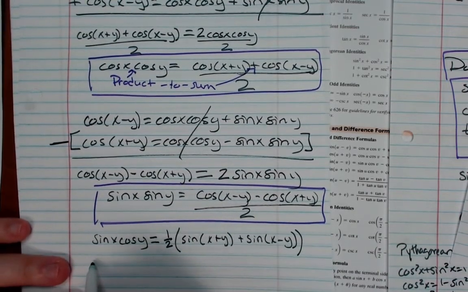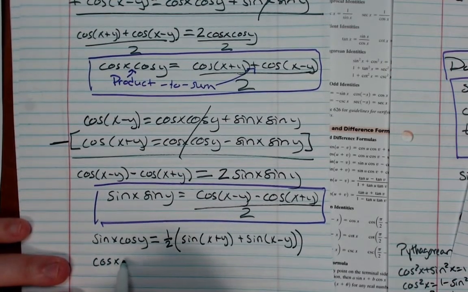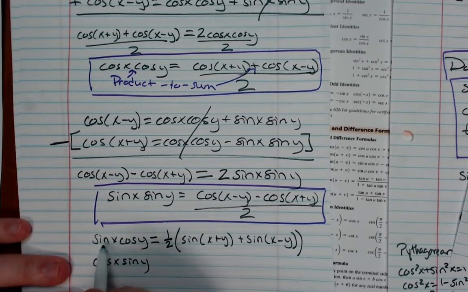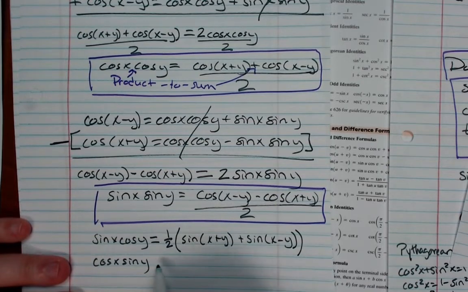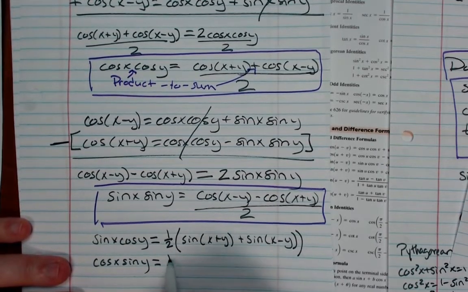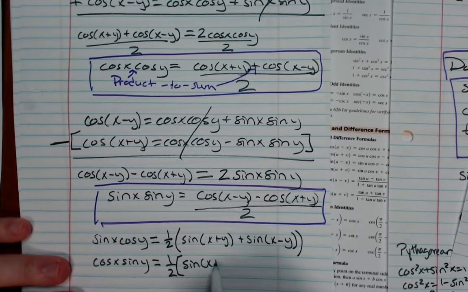And for cos x sine y, so notice they swap spots. The angle stayed in the same place, the trig function switched places. 1/2 sine x plus y minus sine x minus y.